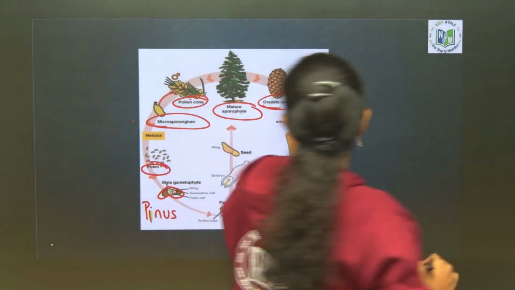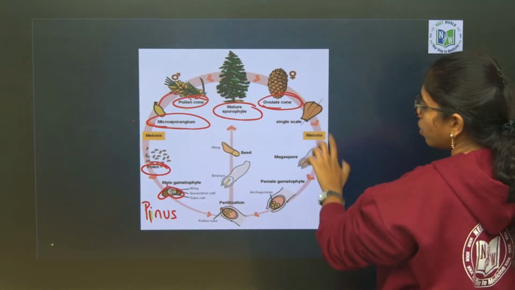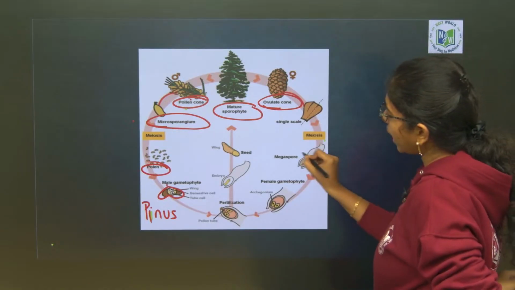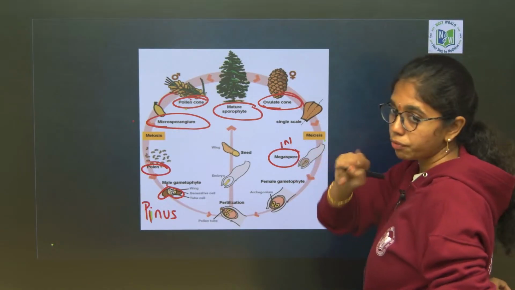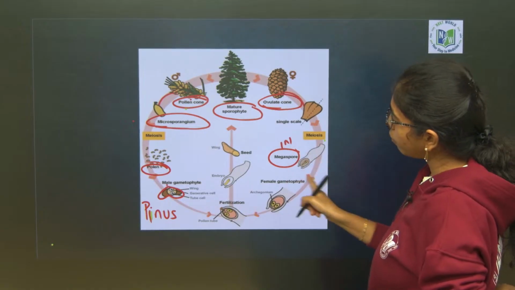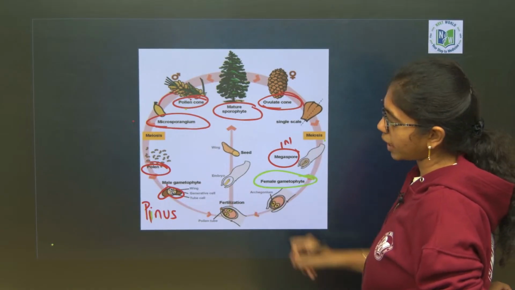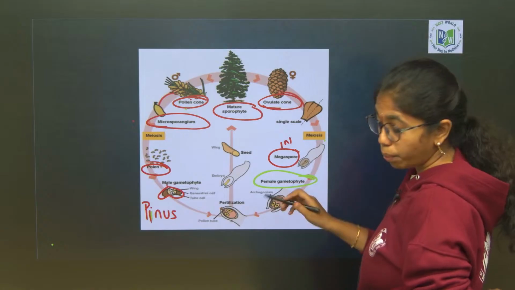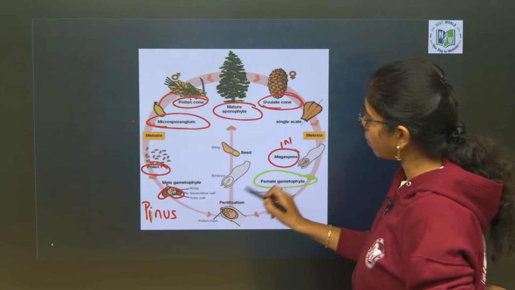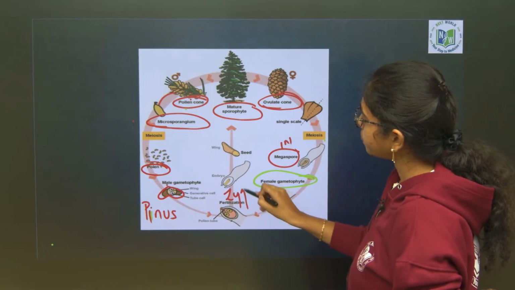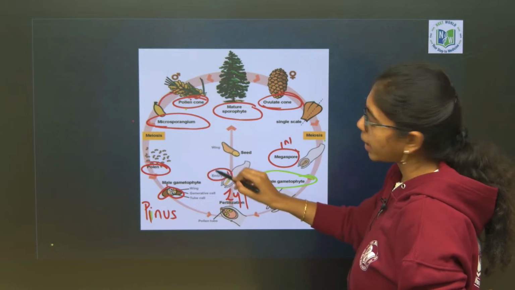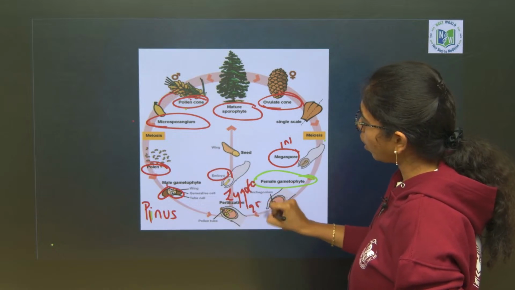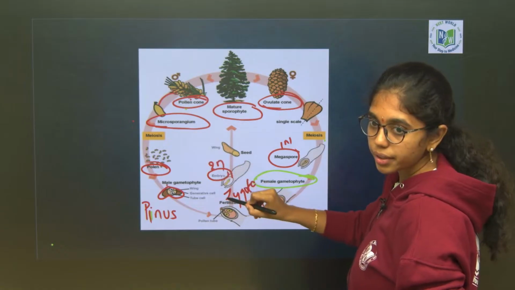In the ovulate cone or seed cone, again meiosis happens. Megaspore is formed, which is haploid. One functional megaspore will mature, forming a female gametophyte, and fertilization will take place. Post fertilization, the first cell formed is what? Zygote. It develops to what? Embryo. Zygote is diploid, embryo is diploid.